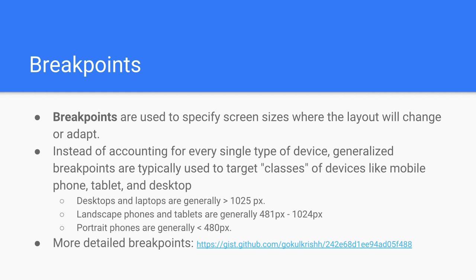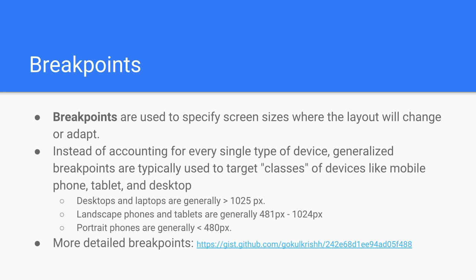Typically, just as some rules of thumb, desktops and laptops are generally going to be greater than 1025 pixels. Landscape phones and tablets are usually 481 to 1024. Again, these are generalized, just based on some statistics and averages.